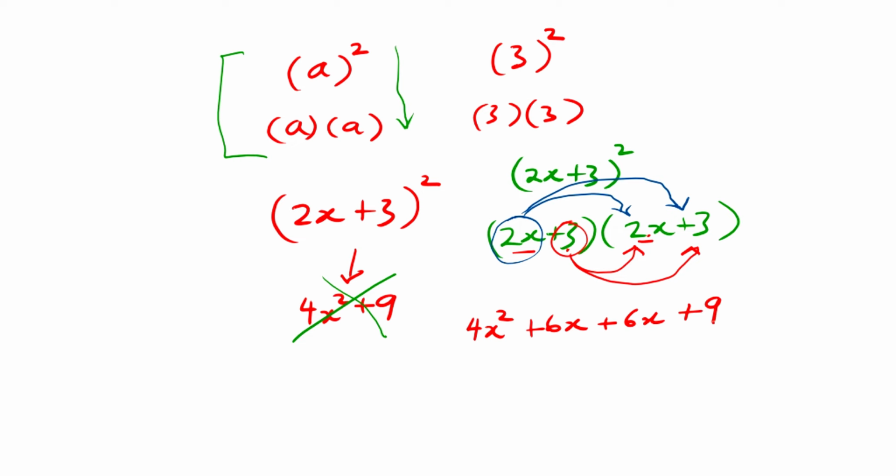Okay, now let's simplify because we can actually see some like terms. These are like terms, so let's simplify. Simplifying will bring us to 4s squared plus 12s plus 9.